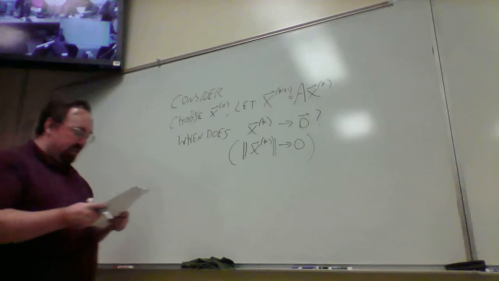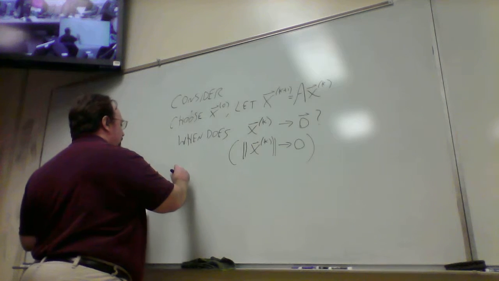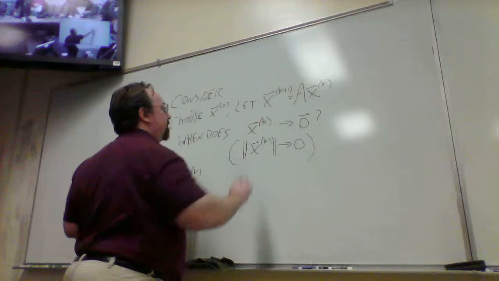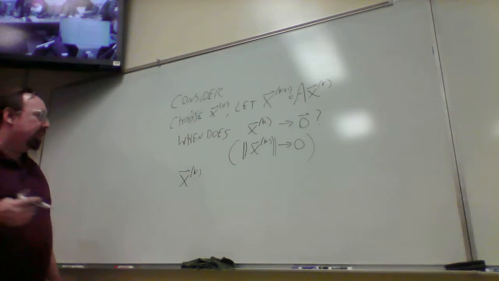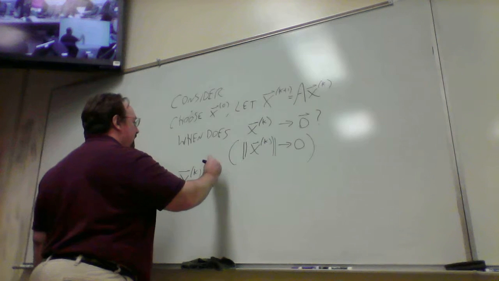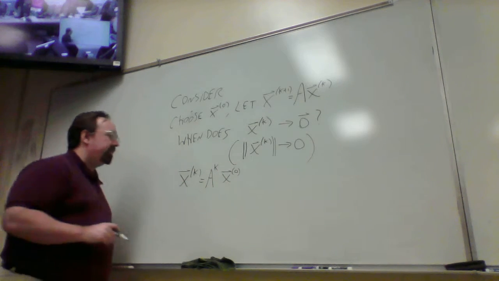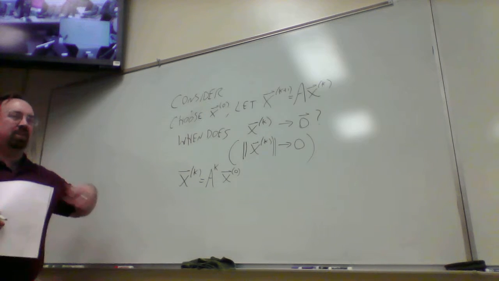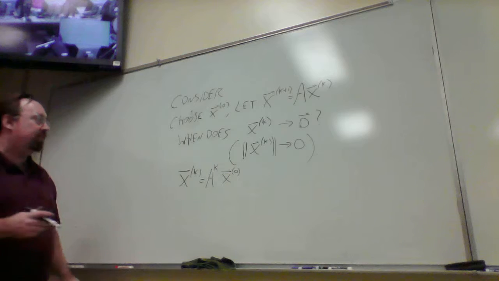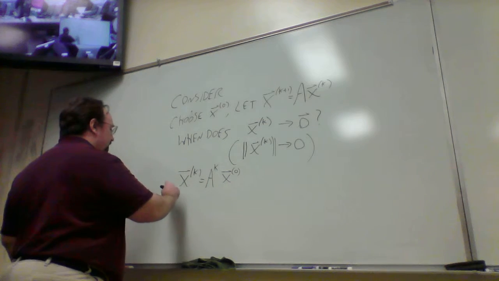Now, first of all, we note that by applying this formula for vectors in a sequence repeatedly, what we get is that xk is A to the k times x0, because we're just continually multiplying by A. So now we'll take a look at the norm of xk.